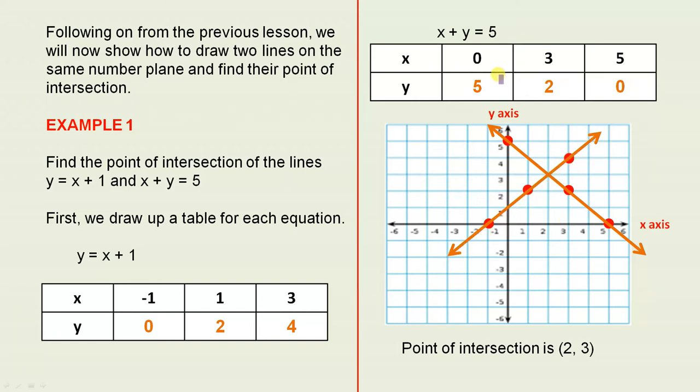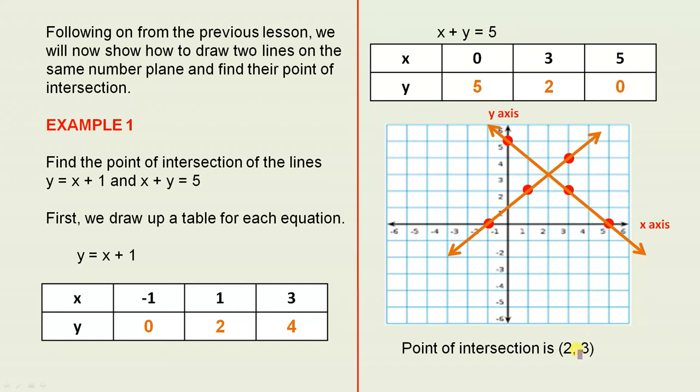Now we have 0, 5, which is there, 3, 2, which is there, 5, 0, which is there, and that gives us that line. When we draw those two lines, we can see very clearly the point of intersection. And that's 2, 3. So that's where the two lines intersect.